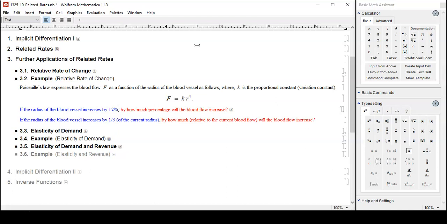Let's go back to the original problem. 12% of what? 12% of the current radius. And how much percentage of what?